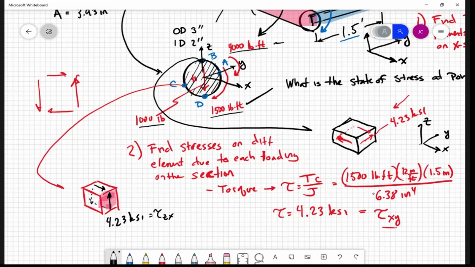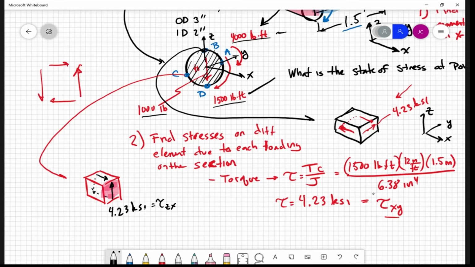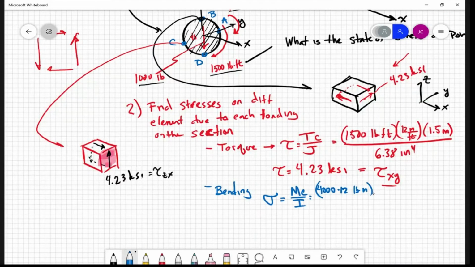All right. So it's a normal stress, and its value is MC on I. So the M is the 4,000 times 12 pound inches, right? C is still the outer, it's the distance from the neutral axis to point B. That's 1.5 inches.